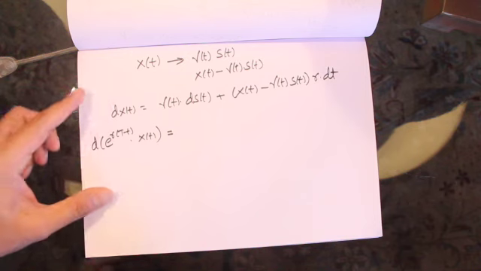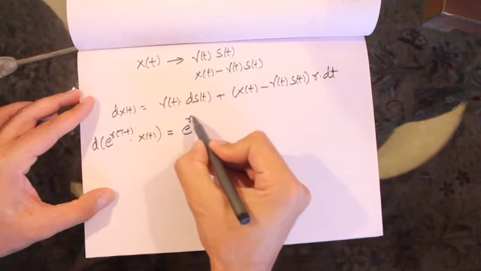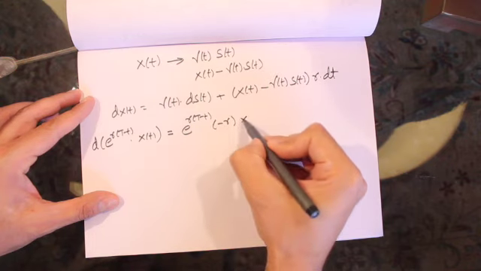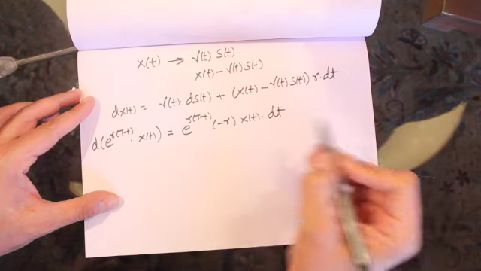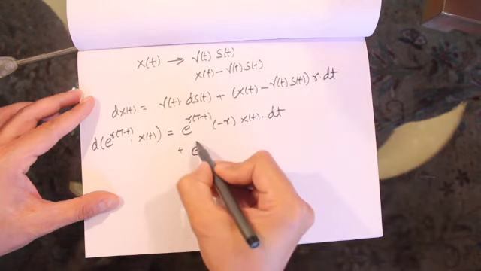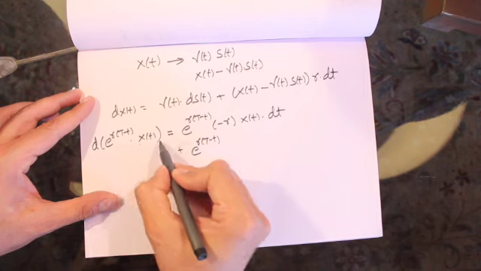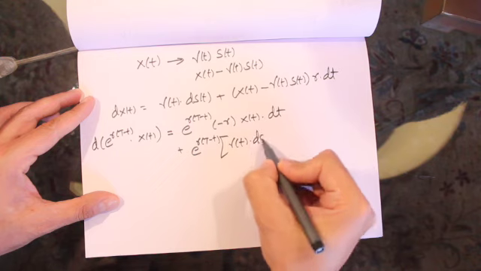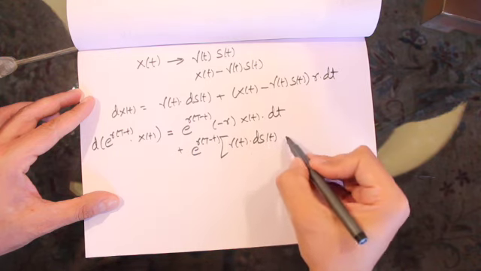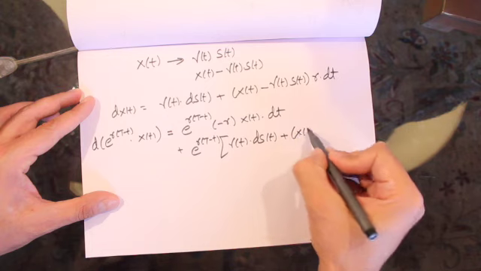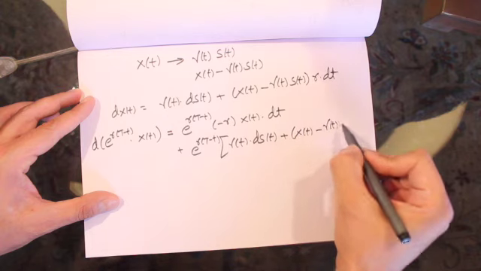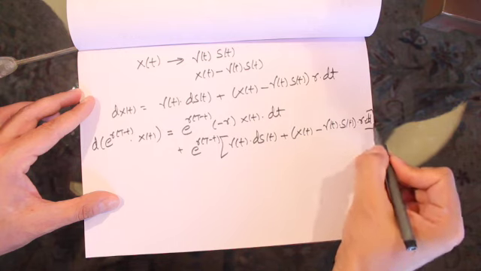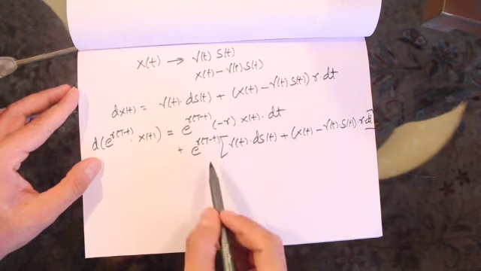So this can be written as e to the power of r(T minus t), then I'm going to have a minus r X_t dt, plus e to the power of r(T minus t) dX_t, which is right here, gamma_t dS_t plus (X_t minus gamma_t S_t) r dt. Okay, so that's what I'm going to get.